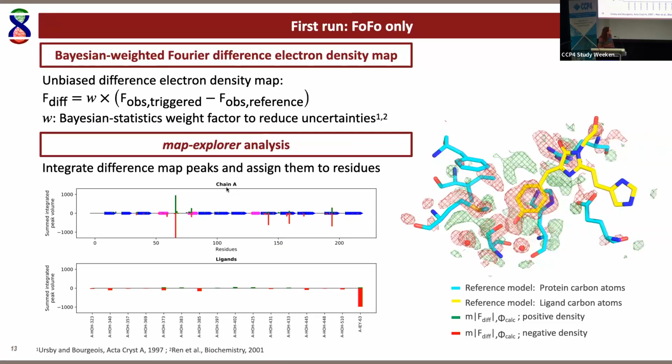So you get that for your protein chain, but also for ligands or water molecules. For example, the big negative peak that you see over here is the big negative peak that we see on our chromophore. And so this is your first run of Xtrapol8. It only takes a few minutes, and then it's up to you to look at the results.